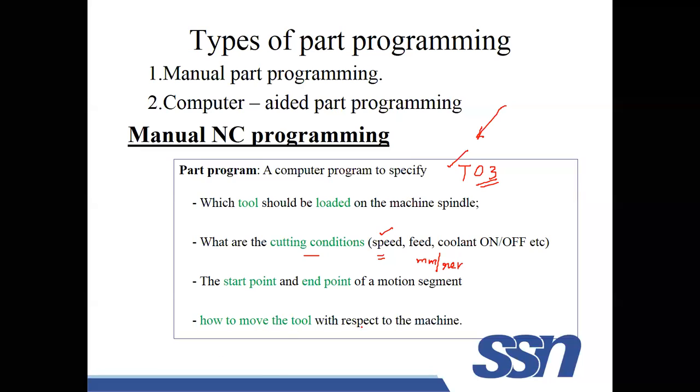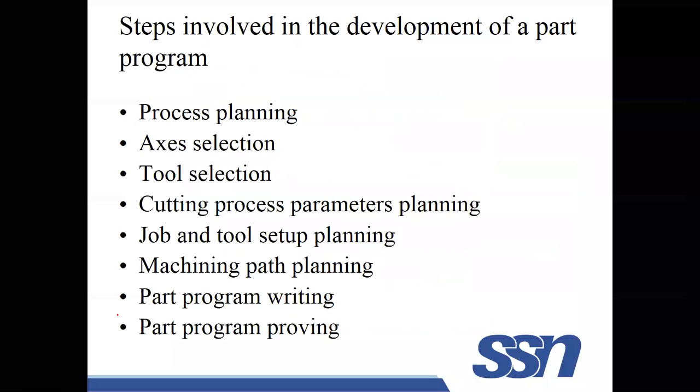How to move the tool with respect to the machine is also given. For this, we have different interpolations: linear interpolation, circular interpolation, cubic interpolation, etc. Depending on that interpolation, your CNC table will move or the tool will move, so that the required operation can be performed.